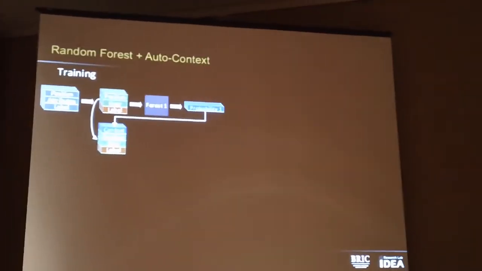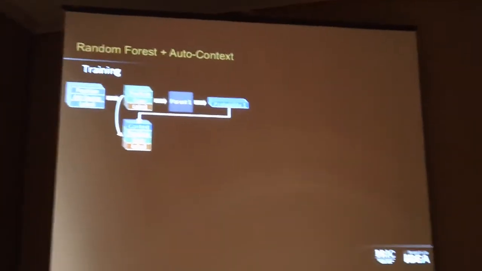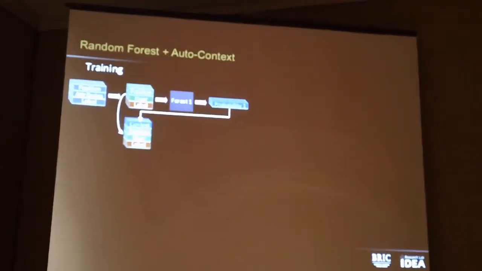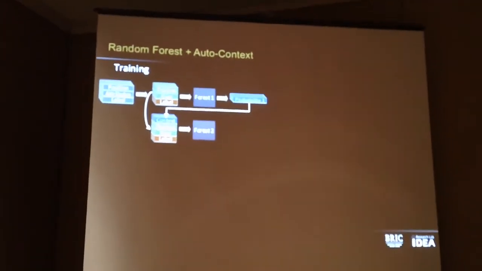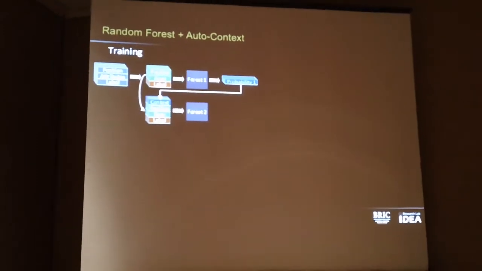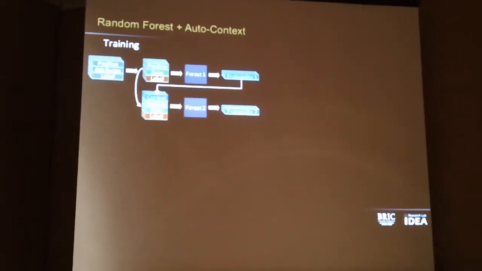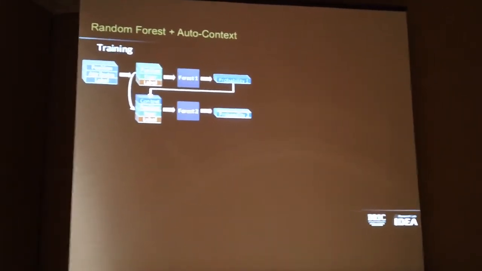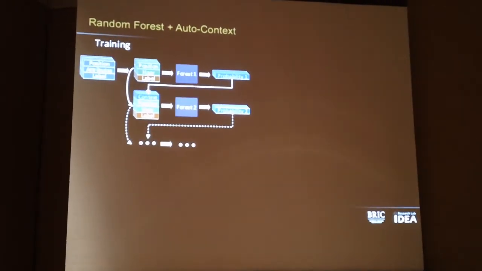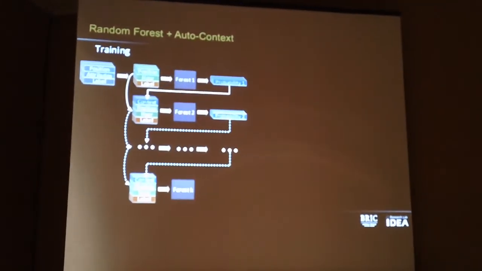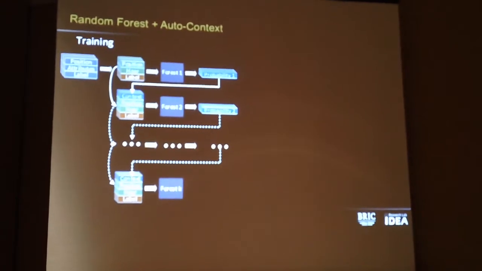Next, we can combine the context features with the old features together to train a new classifier. And of course, we can get a new probability map. So this process can be repeated several times. And finally, we can have K random forests.